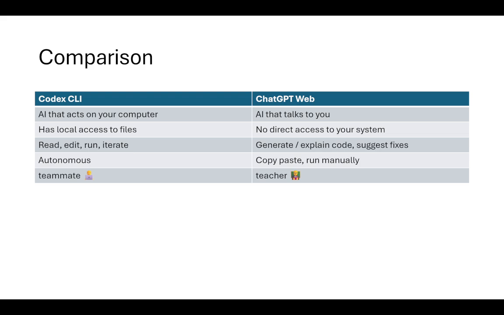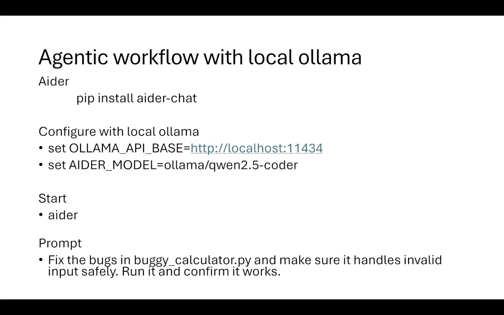Whereas in ChatGPT web, if you were to do software engineering, you'll have to generate the code or suggest the fixes, then copy paste that code onto your machine locally, run it manually, and so on and so forth. Okay. So in summary, Codex CLI you can consider as your teammate, whereas ChatGPT web is just your teacher for learning. Okay. So let's dive deep in.